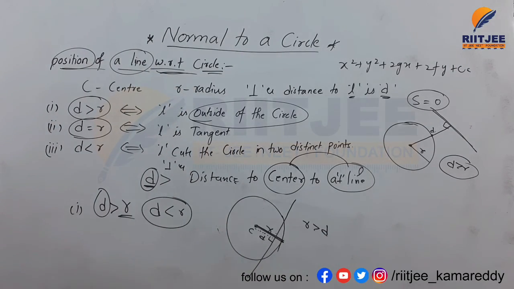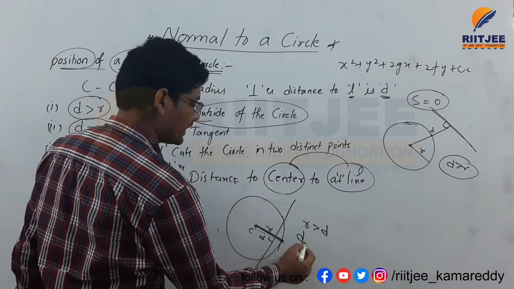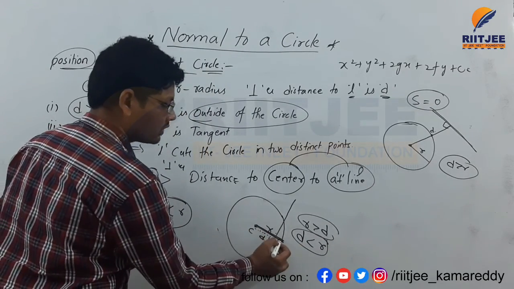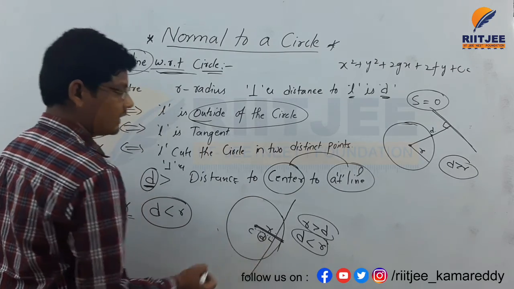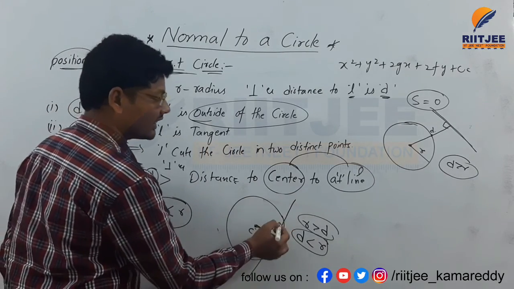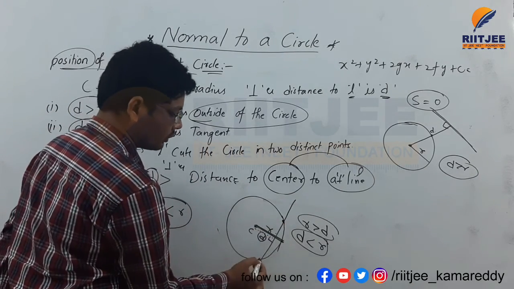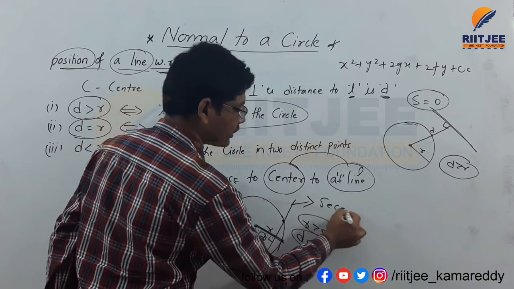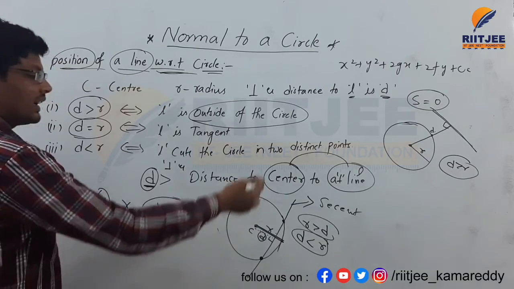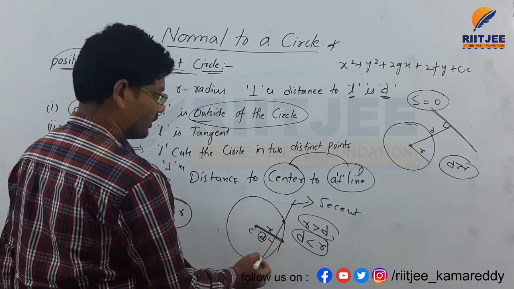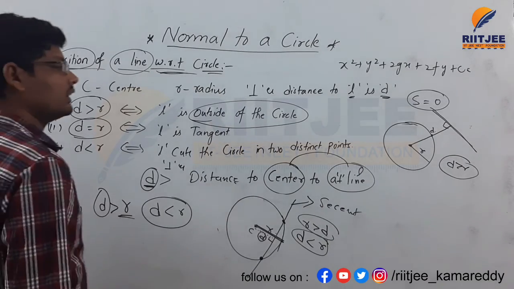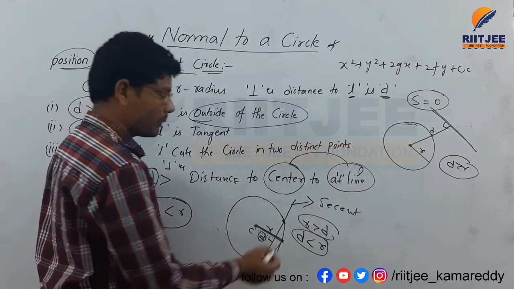Here R is greater than D, otherwise we can say D is less than R. If R is more compared with D, it should intersect the circle at two points. It may be considered as a secant line also. A secant line touches the circle at two distinct points, so the line cuts at two distinct points here.